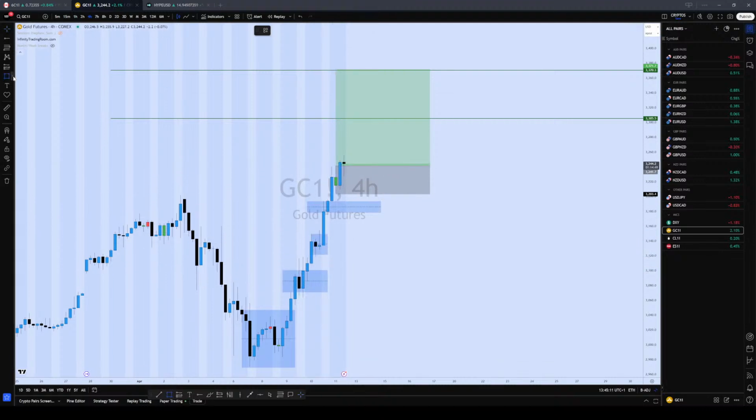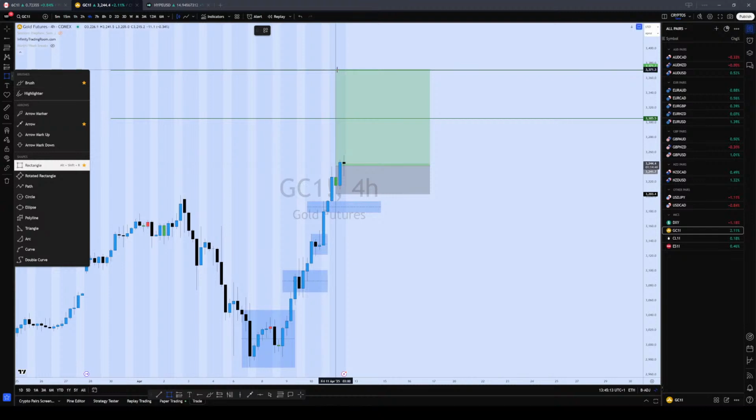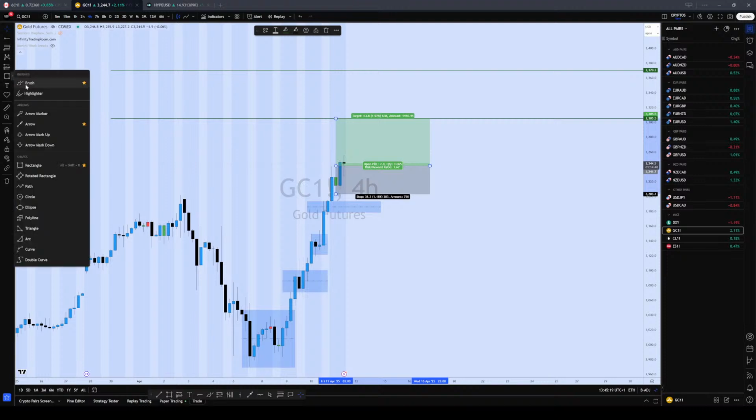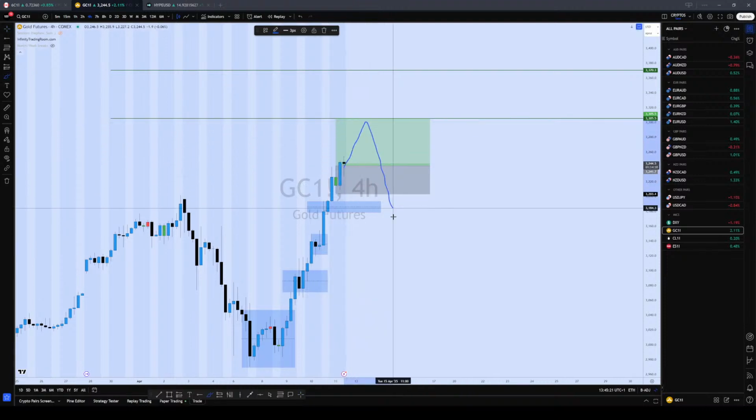So I think maybe the 618 will be the best target. Something like that. Just be mindful buying, because if you're not in already, this one will be a risky one, but it can play out.